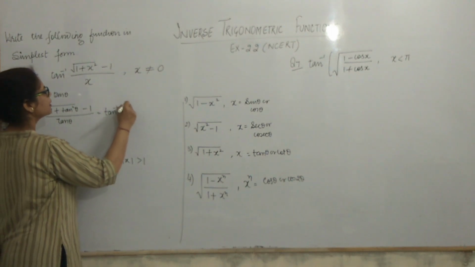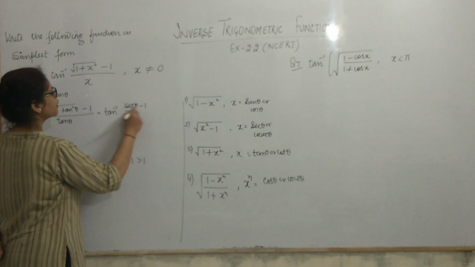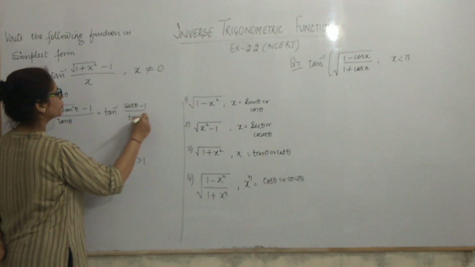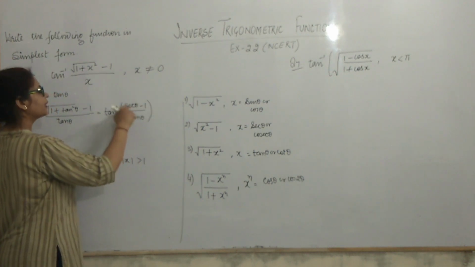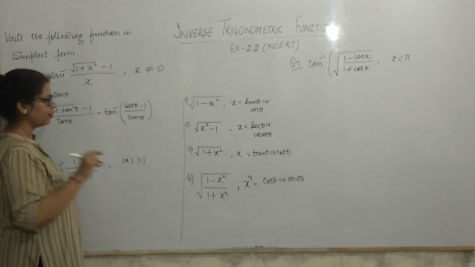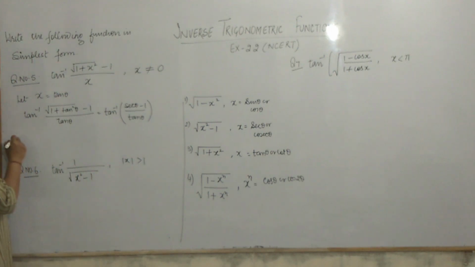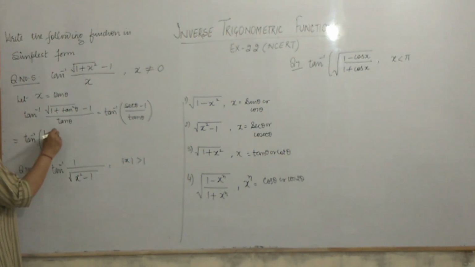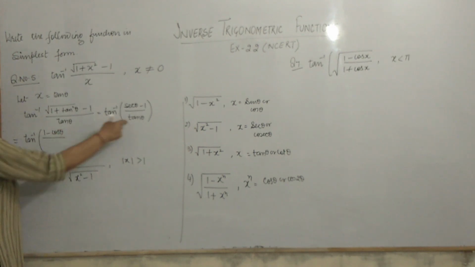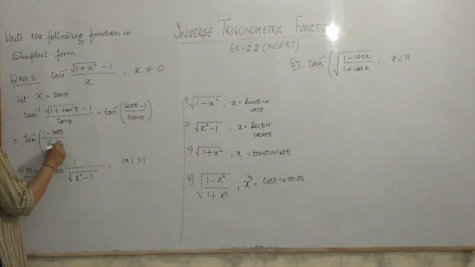Tan inverse of sec theta minus 1 upon tan theta. On simplifying, sec theta can be written as 1 upon cos theta and tan theta can be written as sin theta upon cos theta. So upon simplifying, what we get? Tan inverse of 1 minus cos theta upon sin theta.